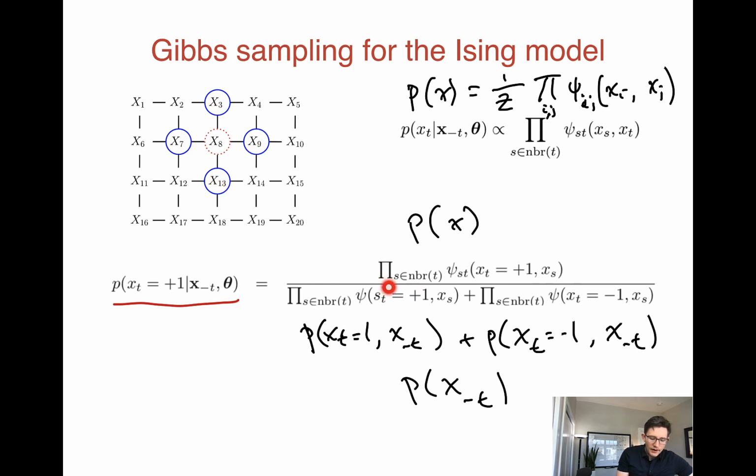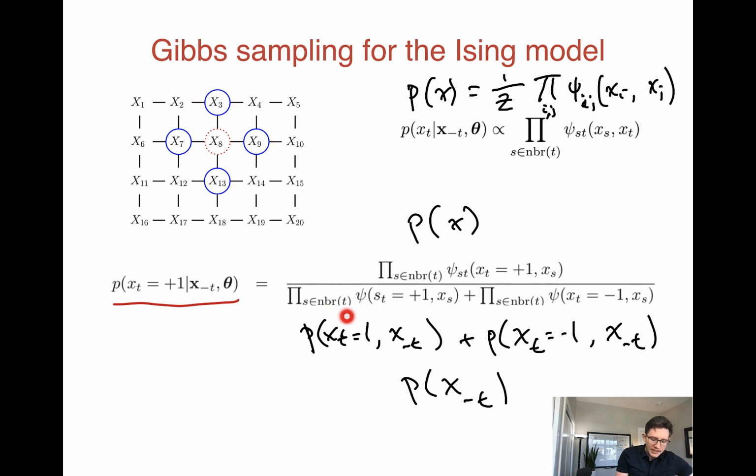And I've written the product here of psi st of xt equals 1 and xs. Notice that we've chosen +1 here because that's what we want the probability for. Of course, the probability that xt equals -1 is going to be 1 minus the probability we get here.